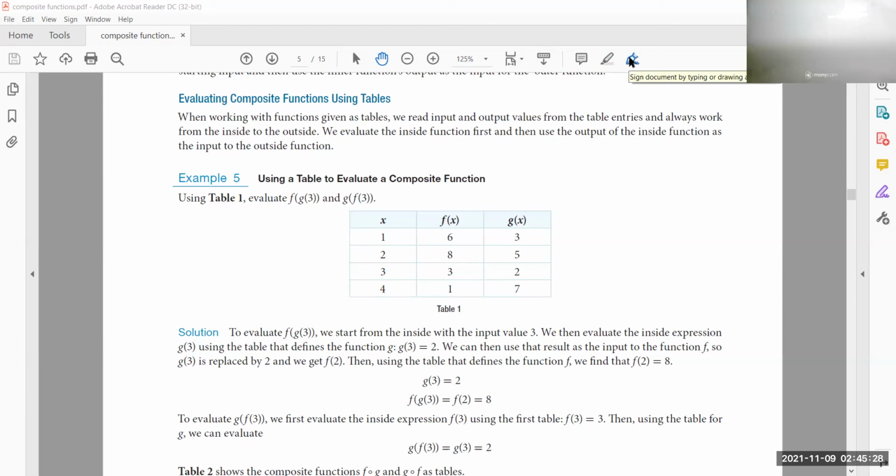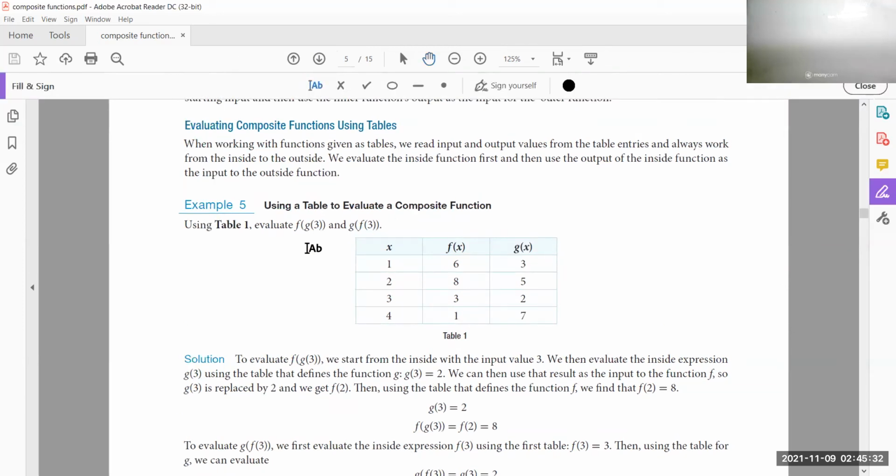3 first, sorry about that. We have f of g of 3. So we identify 3 on the table, right? In the x, we look at the 3.